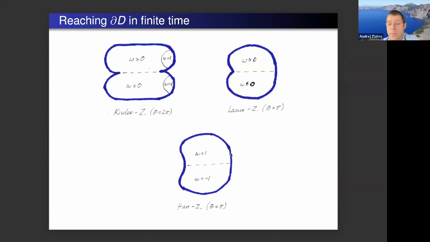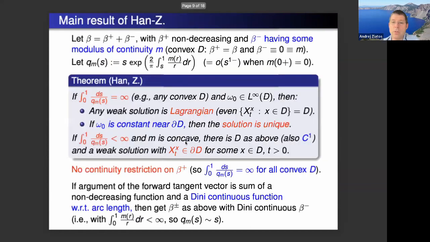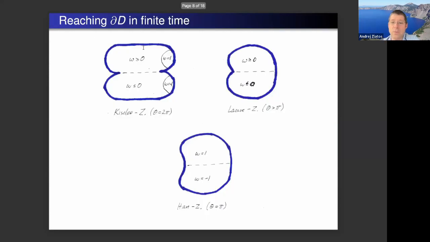I could also put this into β minus, because the only constraint for β minus is that it has to have a modulus of continuity. And so in particular, it has to be continuous if the modulus of continuity is the standard type, which means it vanishes at 0. For a domain like this, I couldn't have that because I have a jump to the left in the argument of the forward tangent vector.